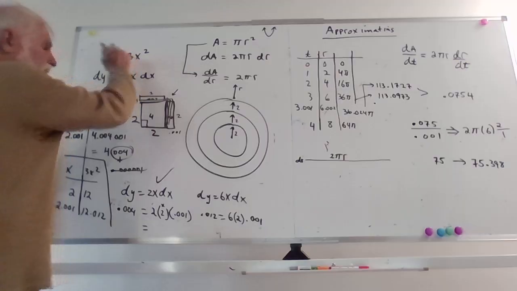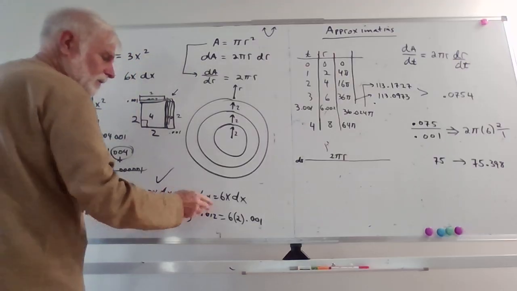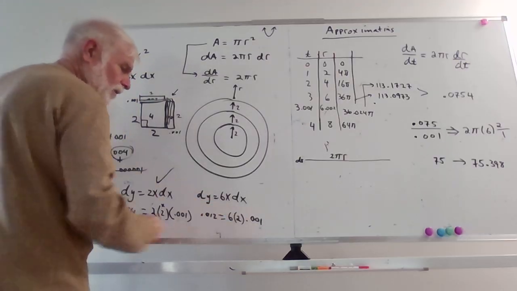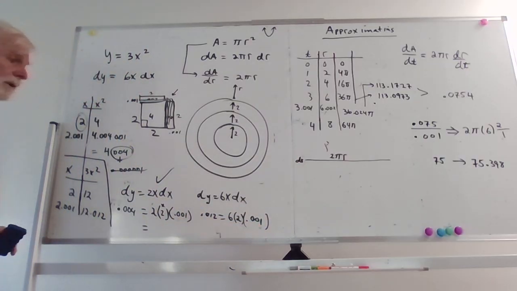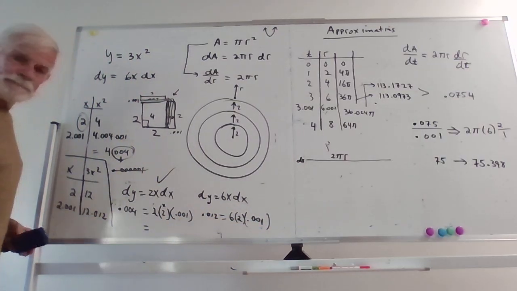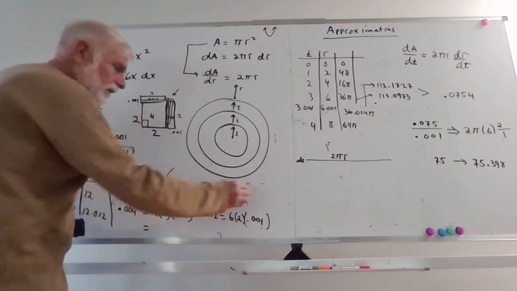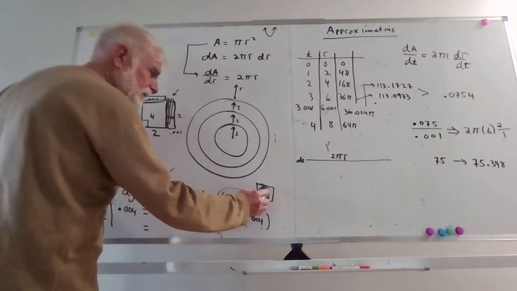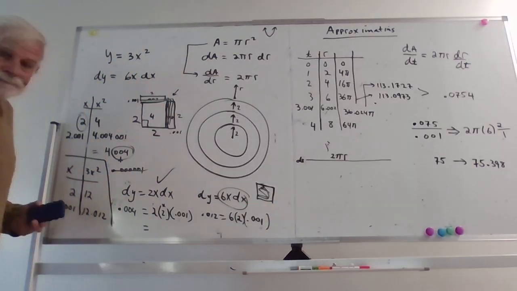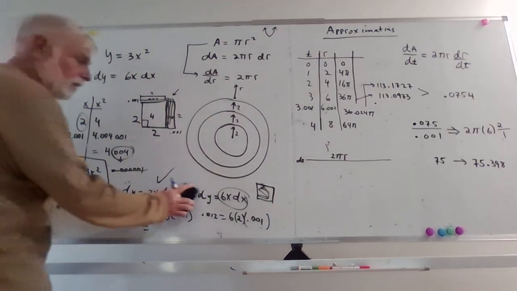We know how to take a derivative now. So 6 times 2 times 0.001. I should put that in parentheses probably. Okay, it's true. These relationships work. And this again is the area of a square. 6x dx is that layer. We can see it numerically work.